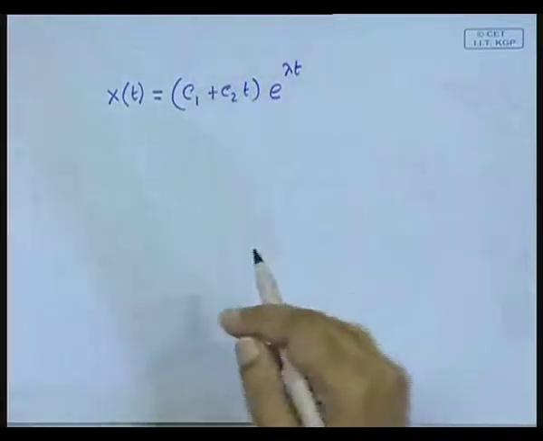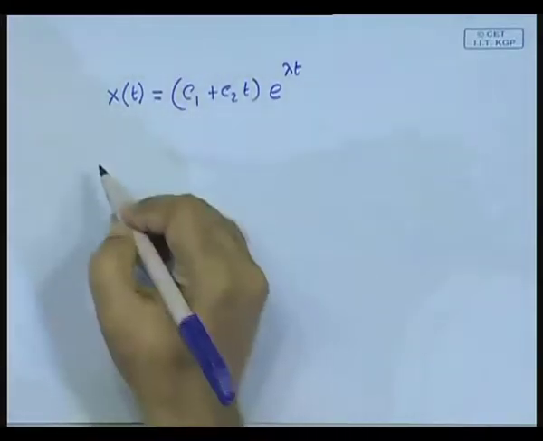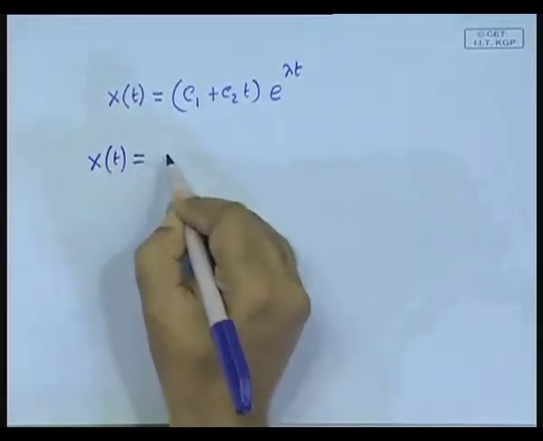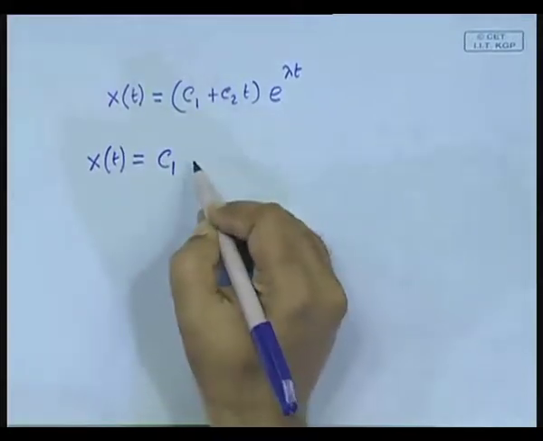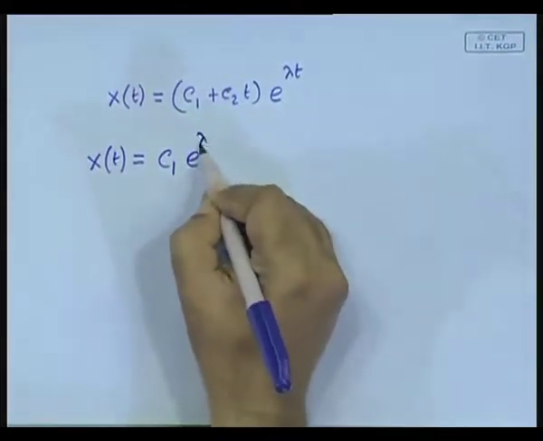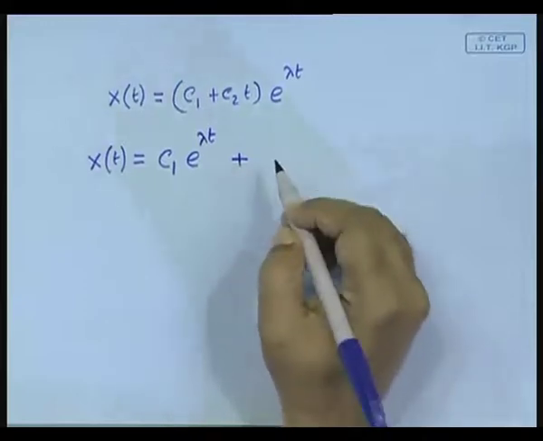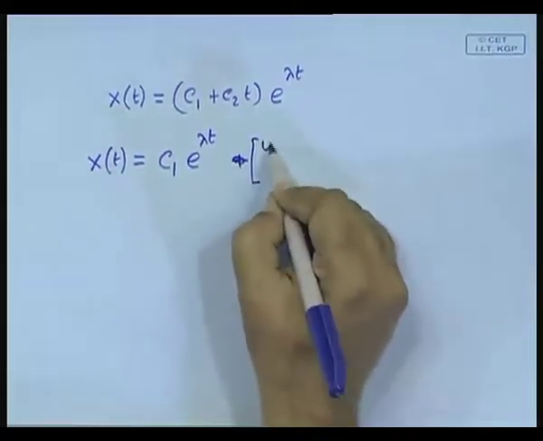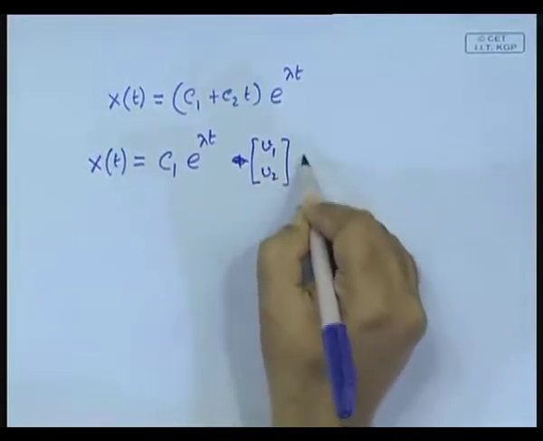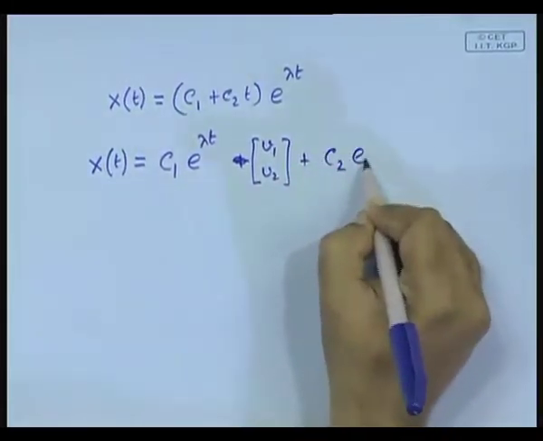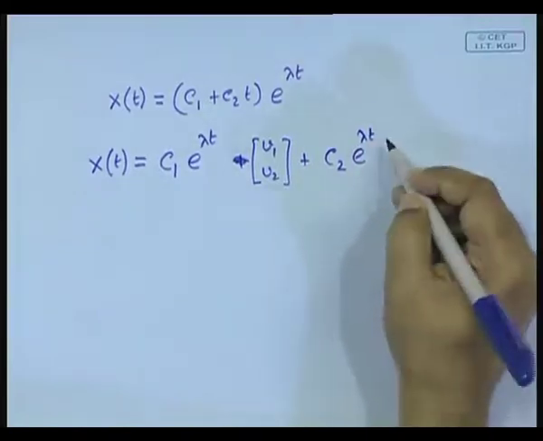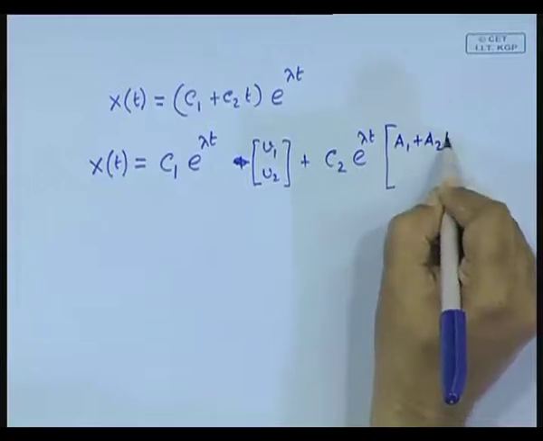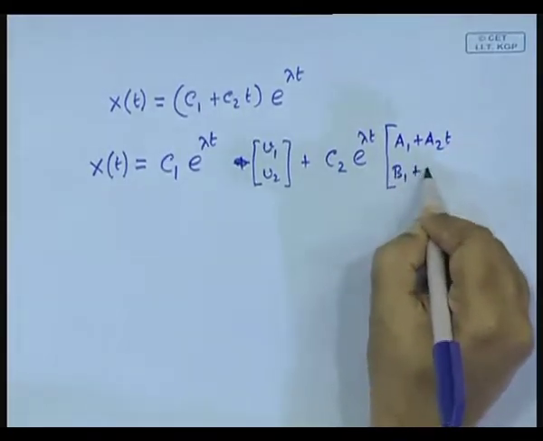But when we dealt with it in the earlier classes, we said that it is actually a combination of C1 e to the power lambda t times V1 V2, plus C2 e to the power lambda t, and then you had A1 plus A2 t and B1 plus B2 t.